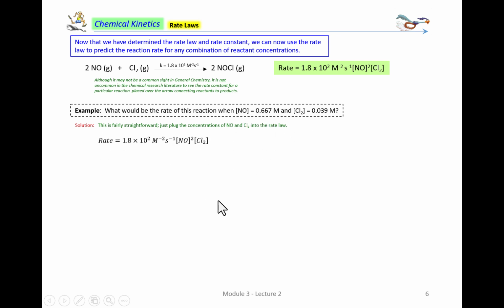So we do that here, and remember we have to square the concentration of NO because that's what the rate law tells us. And we end up with a rate of 3.1 molar per second. Remember, the rate has to come out in molar per second. And when you take the rate constant units and multiply by the units from the reactants, which would be M cubed here, we do get molar per second, and the rate turns out to be 3.1 molar per second.